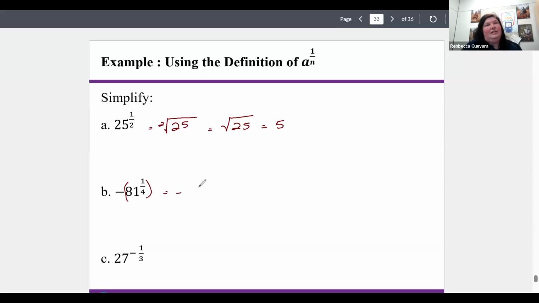So this is negative fourth root of 81. So this would be negative 3. And this is 27 to the negative 1/3, which we already said would be 1 over the third root of 27. And the third root of 27 is just 3.